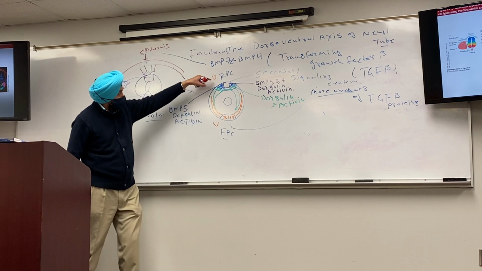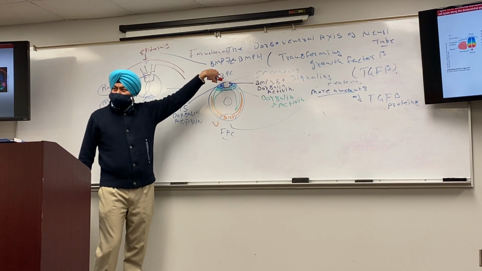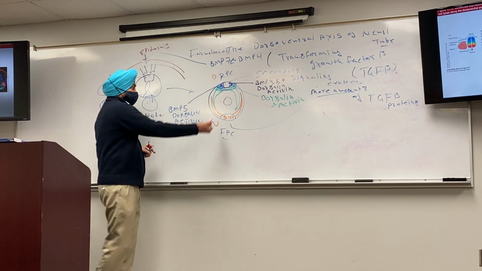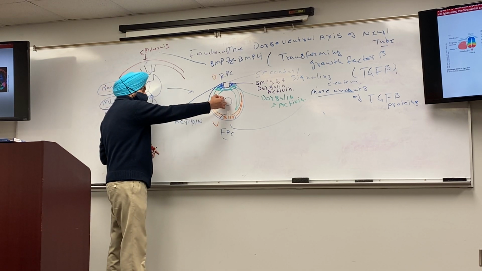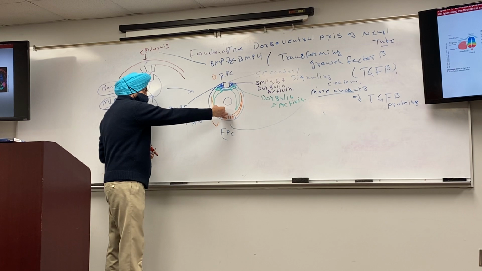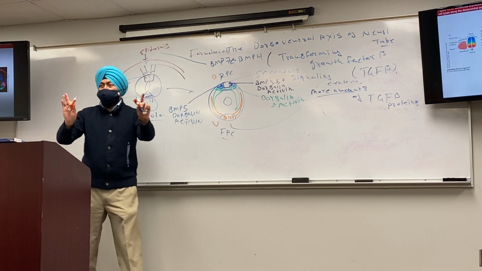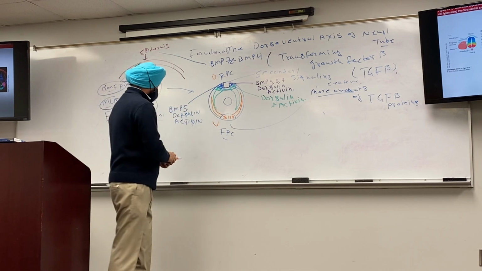Whereas on the dorsal side, all the transforming growth factor proteins are being secreted, and they are making a gradient here. You have more TGF family here, less, more, less. Making sense so far? Now what happens?